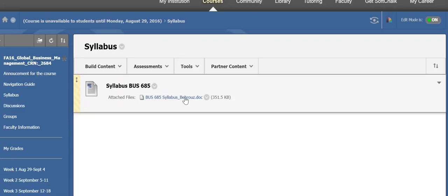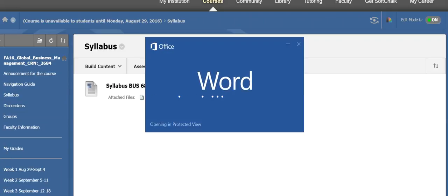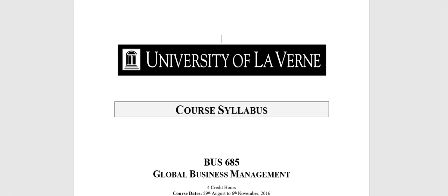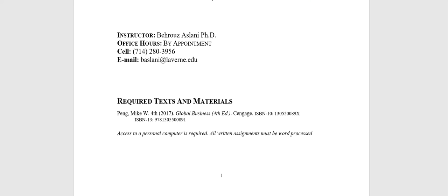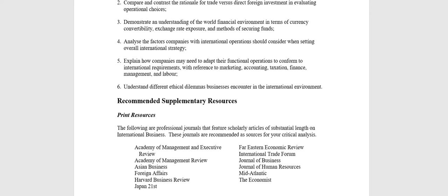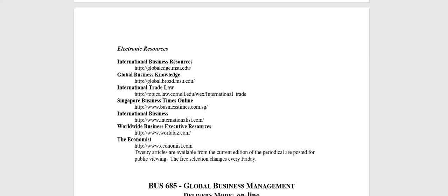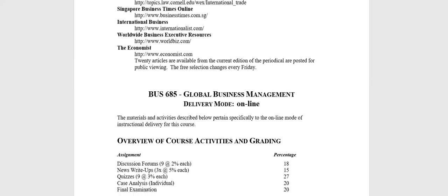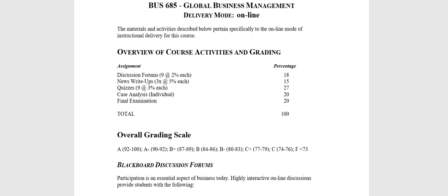So here the class syllabus is popping up. This is the book, and it goes to inputs and outputs, this kind of information, and global management. The grade of the course is composed of discussion forums, 9 of them, and news write-ups, 3 of them, as I show you in the schedule.